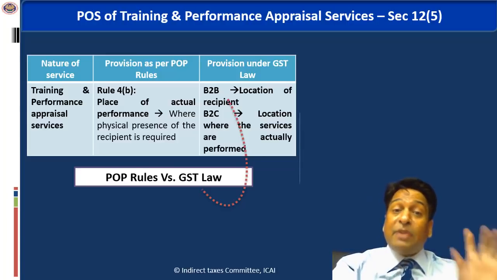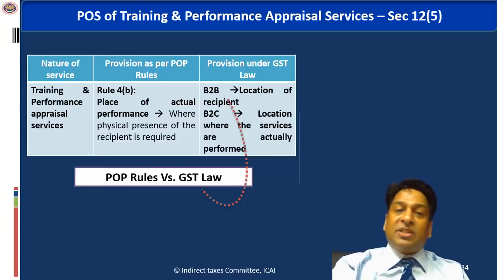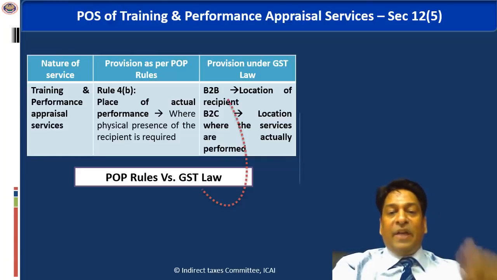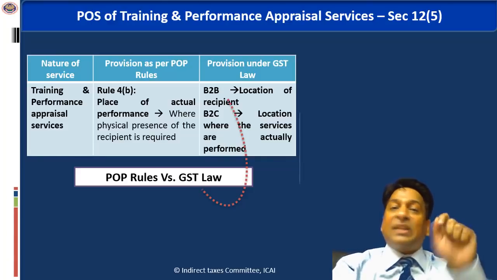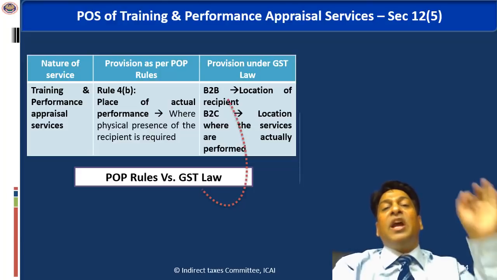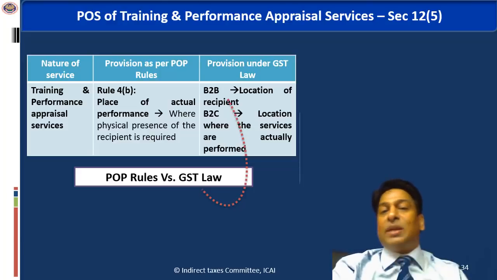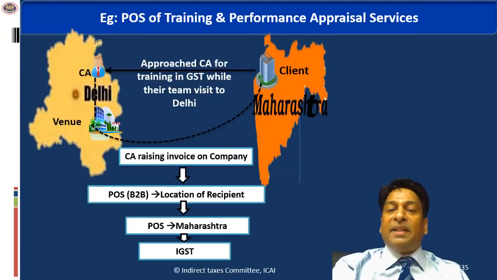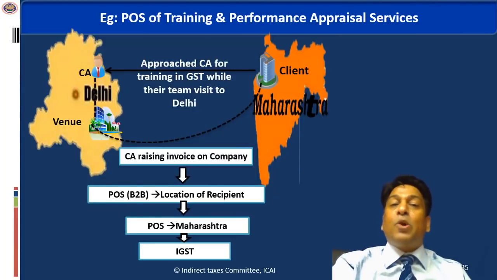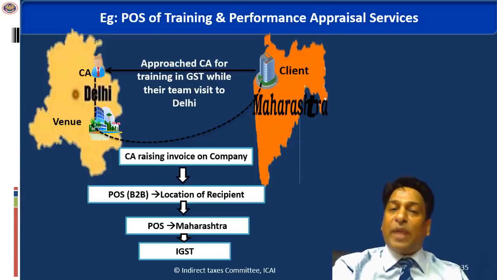If it is B2C, so a registered supplier is giving to an unregistered recipient, then the place of supply would be the location where the services are actually performed. So if we look at this example, it will clarify what the place of supply is for training and performance appraisal service.